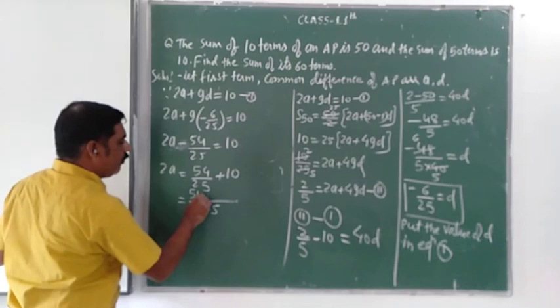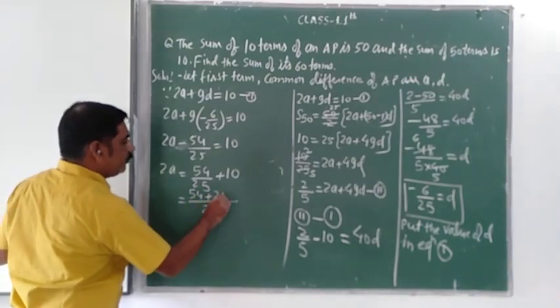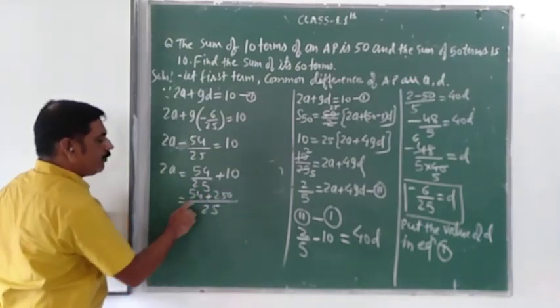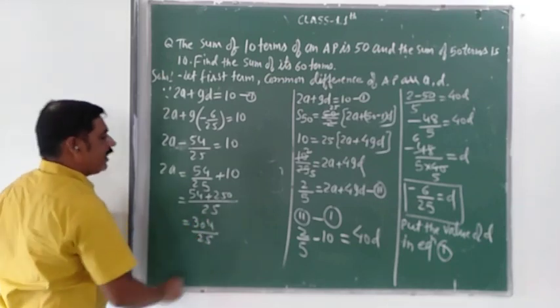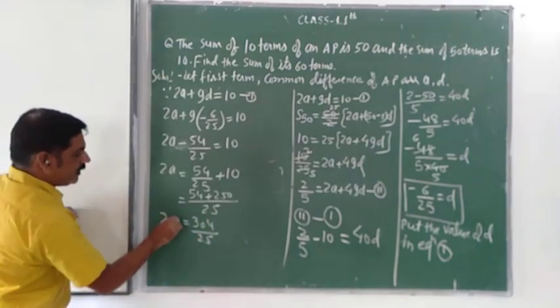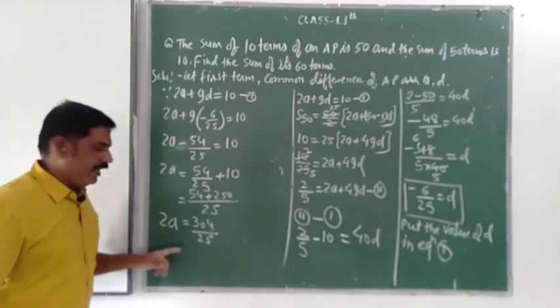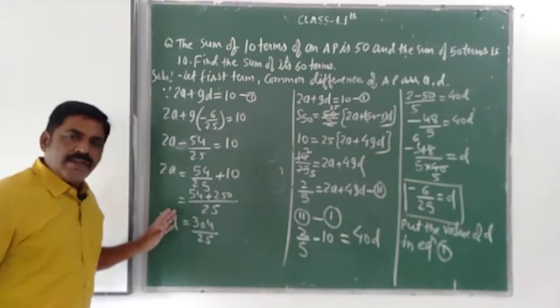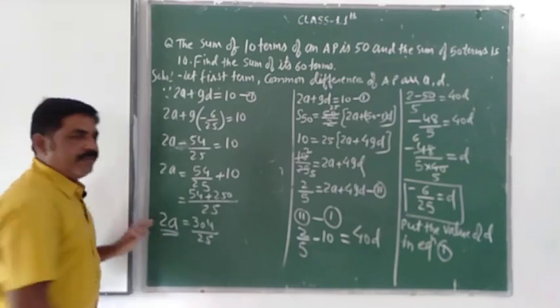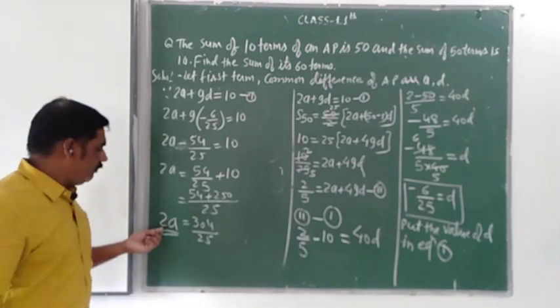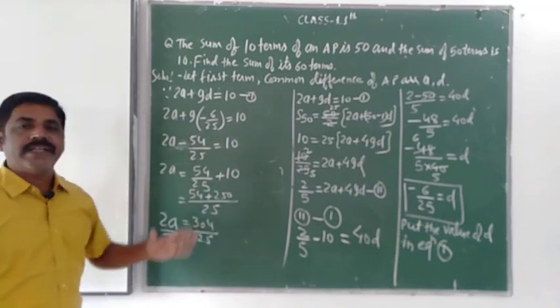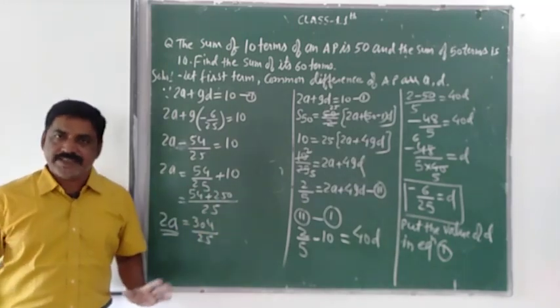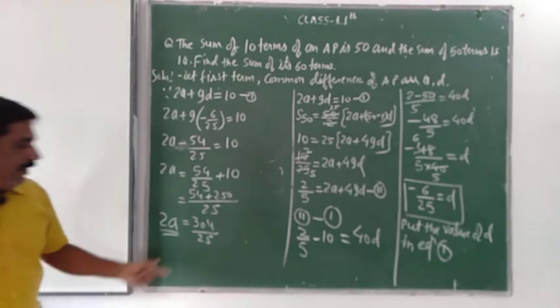So 54 plus 250, 304 upon 25. So this is the value of 2a. Don't cancel by 2. Directly we found the value of 2a, so we can put 2a as 304 upon 25. Right? Now we have a and d.